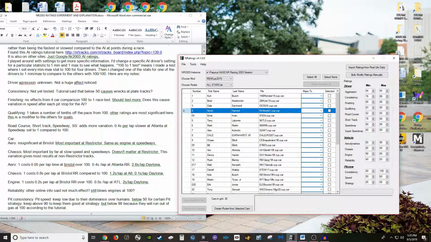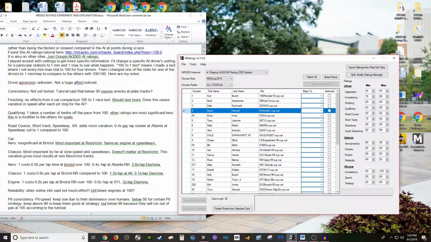Consistency hasn't really been tested a whole lot. In the tutorial that he did, it said anything below 50 causes wrecks at plate tracks. I find that in any of these ratings, you want to have the rating at 50 or above, because if it's below 50, the AI can get confused and issues can happen.